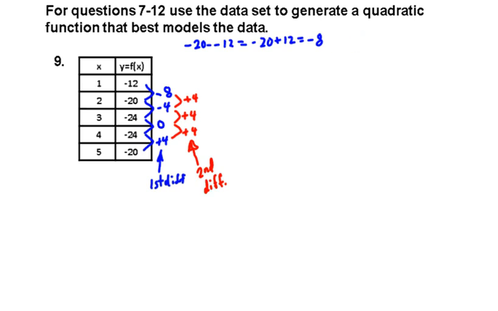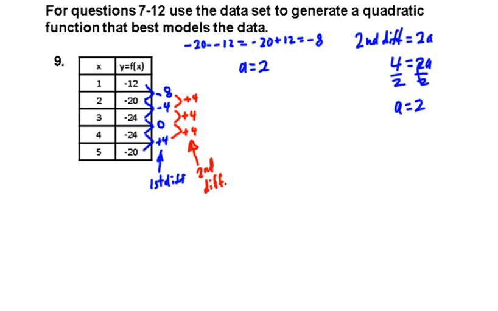So our second difference is equal to 2a. And so 4 is equal to 2a, divided by 2, we say a is equal to 2. So I'm going to write that down here. A is equal to 2.